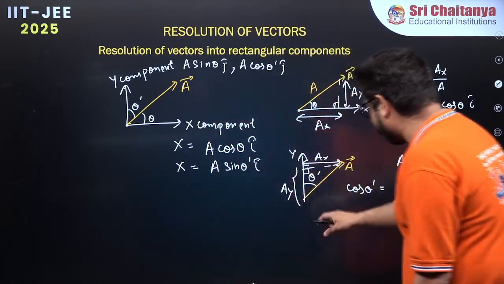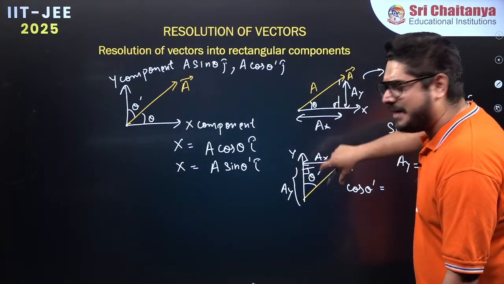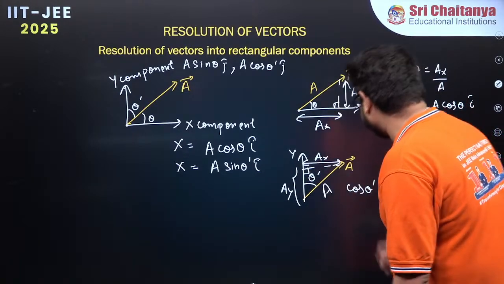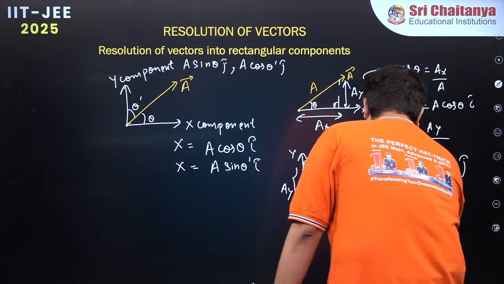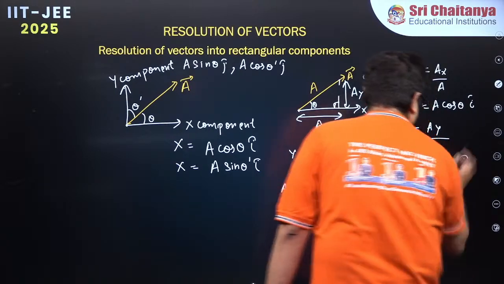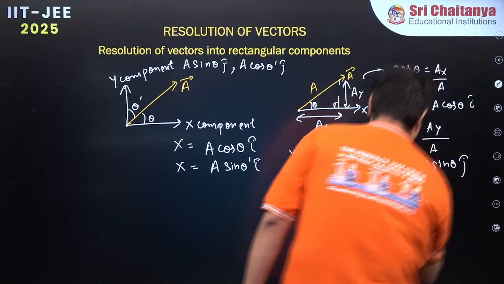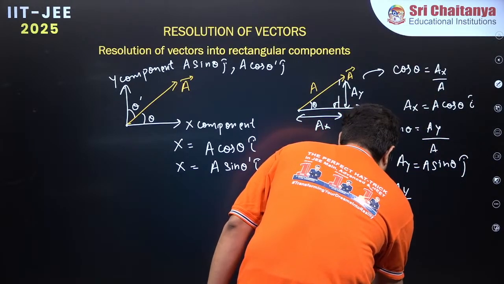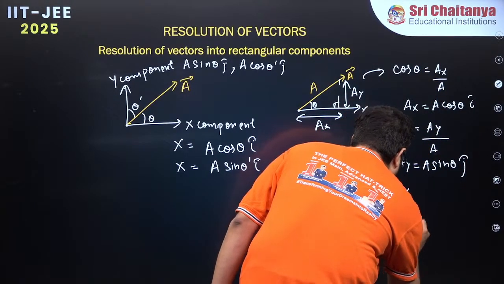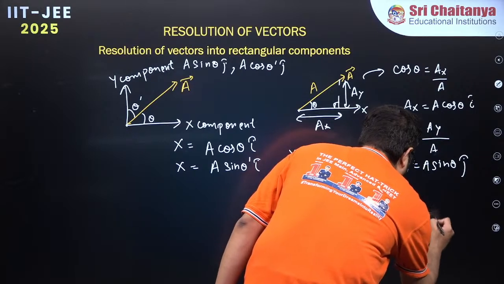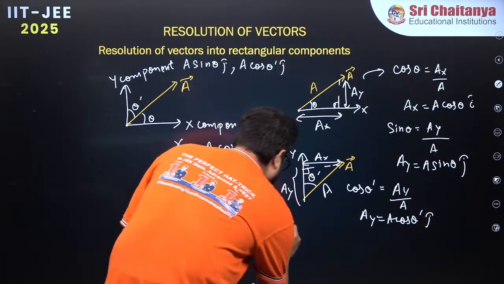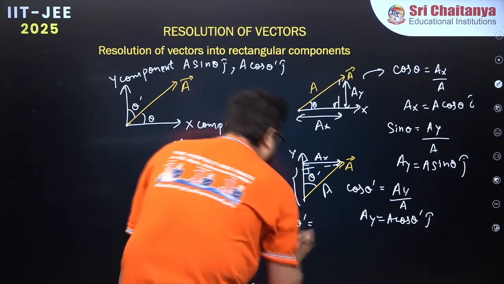Now this is the right angle triangle. You know that cosine of theta is base by hypotenuse, isn't it? You can write it down as ay by a. So in this case, it's going to be equivalent to what I will be saying. Ay can be written as a cos theta dash j cap. And similarly, you can write down sine of theta dash is perpendicular by hypotenuse.